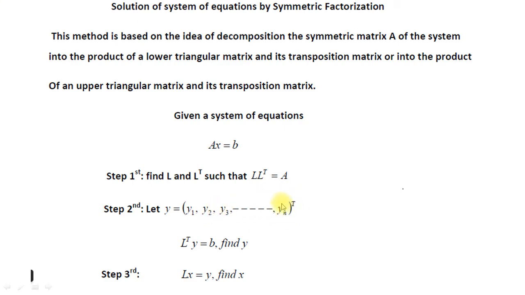So we need the column matrix Y, with the unknowns Y1, Y2, Y3 up to Yn, and use L transpose times Y is equal to B. So from this step we can find the column matrix Y. And now use the column matrix Y and the lower triangular matrix L and find the unknown matrix X by using this equation Lx = Y.